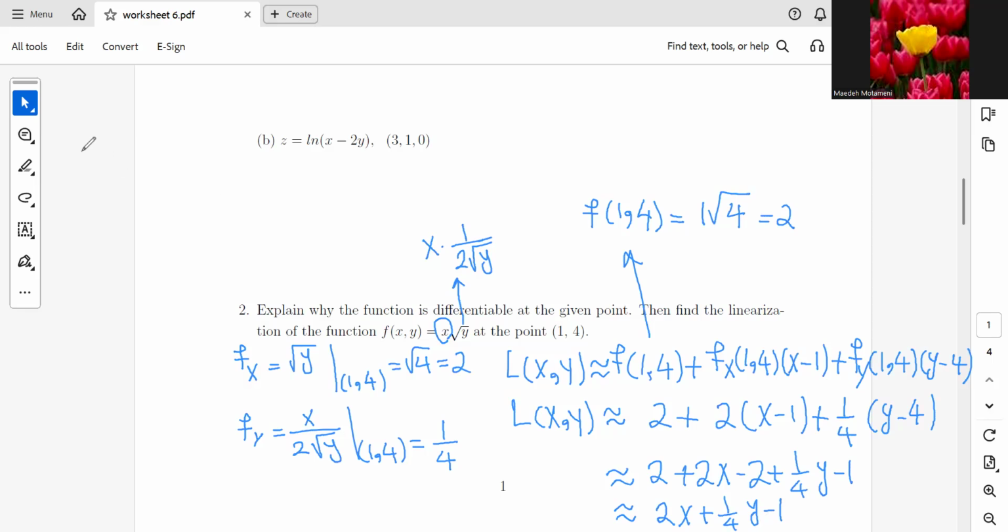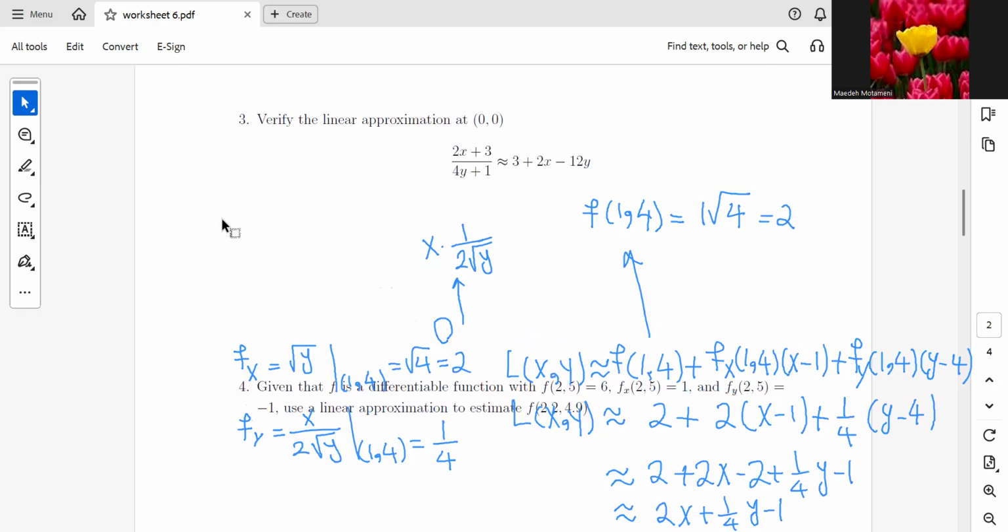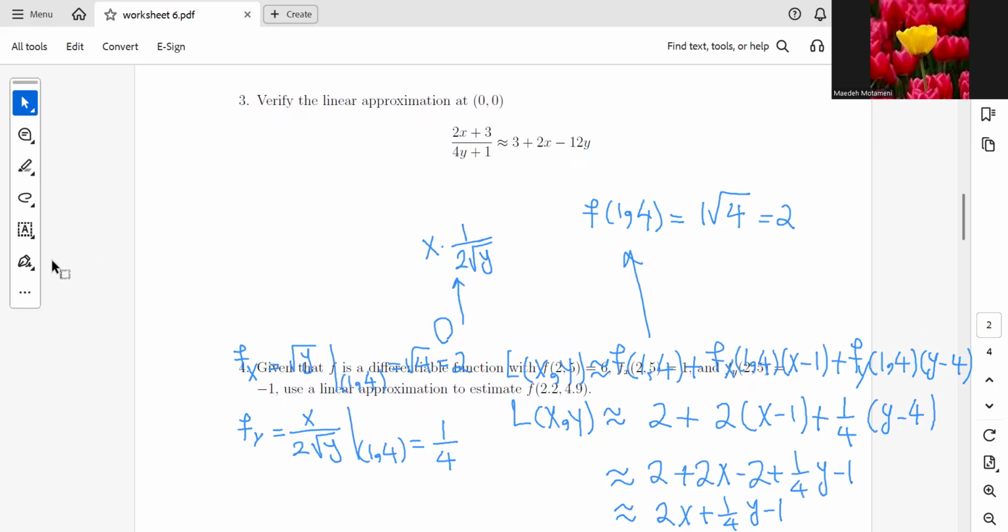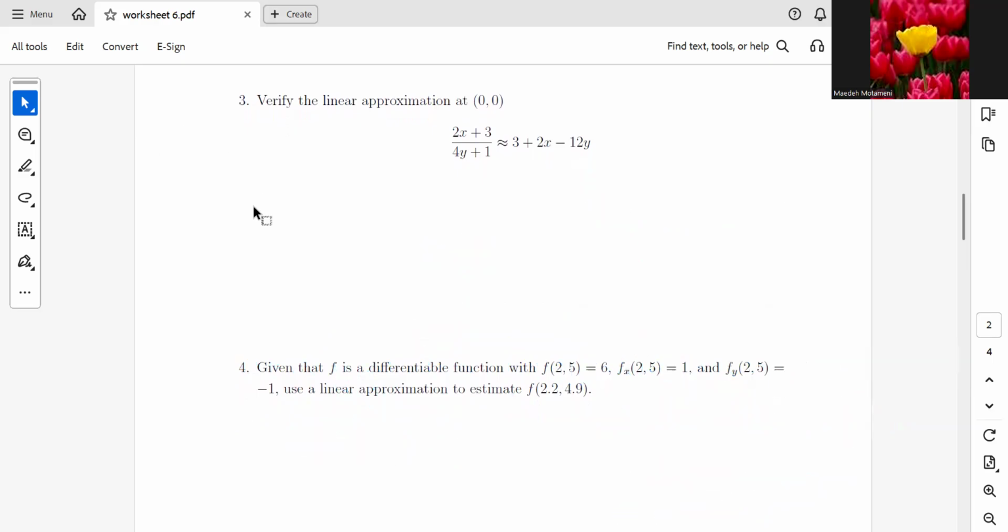Let's do number 3. Number 3 says verify the linear approximation at (0, 0). So this linearization is given to us and the question wants us to verify this. So we assume that f of x and y is given to us as 2x plus 3 over 4y plus 1.